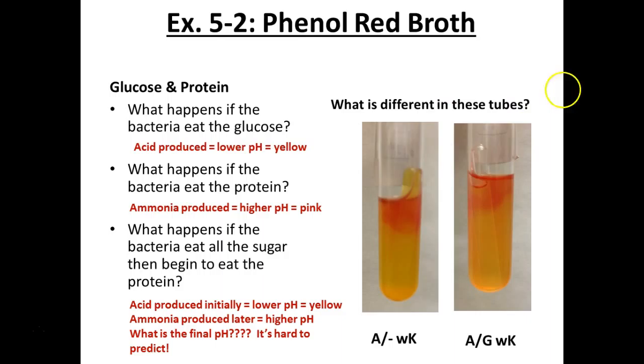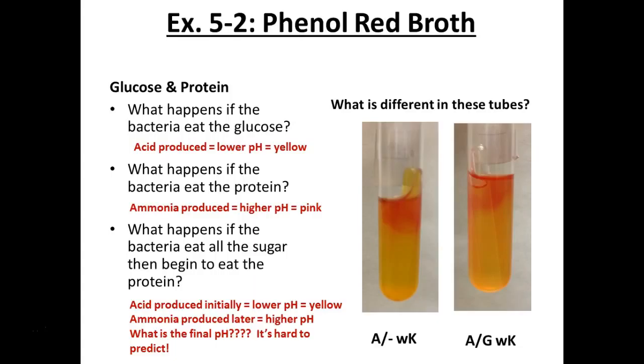Where with this tube where you don't have any gas, if that tube goes too long and it turns orange or pink, you might code it wrong. You will notice that it actually ate the sugar first. Yeah, it just ate the sugar and it didn't produce any gas in the fermentation of that sugar.